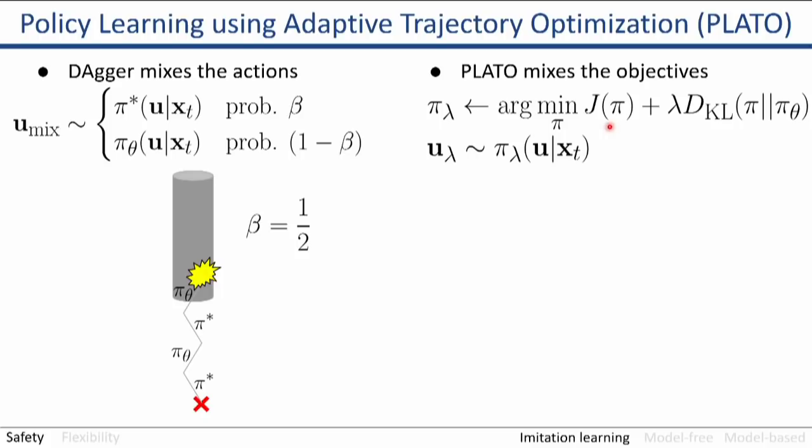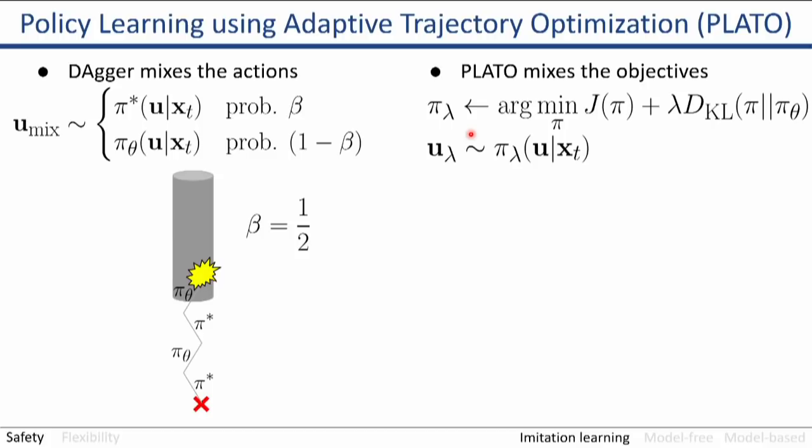So that's the pi star part of the objective, and the pi theta part of the objective says, I want to be similar to pi star, but also be similar to pi theta. There's some lambda weighting between the two, so these two terms are battling between pi star and pi theta. To get the policy, we solve this optimization, and we get pi lambda.